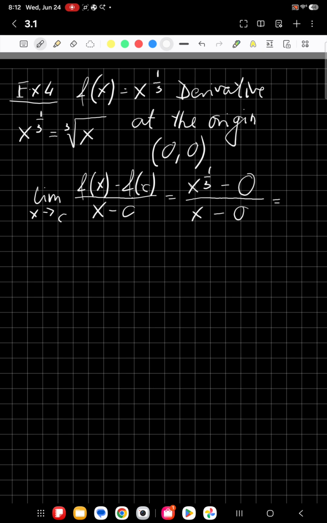All right, so what do we get? We have the limit as x approaches 0, and on the top we have x to the 1/3, and the bottom is x. I'm going to write x to the first power.